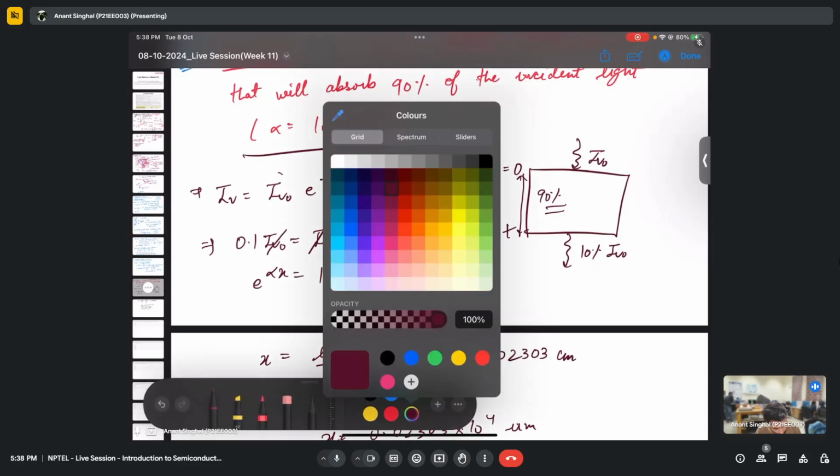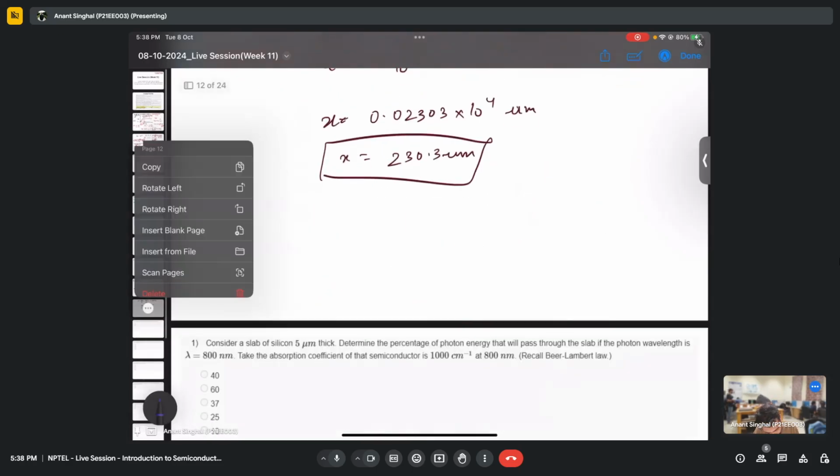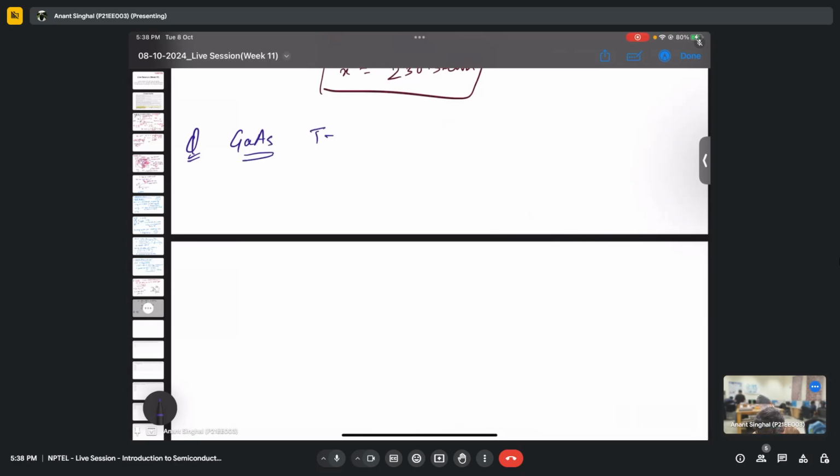So maybe again we can try a very quick question. This was an easy one. Again, let's say we have a gallium arsenide semiconductor. Temperature is 300 Kelvin. Assume that the photon intensity, that is I_ν, at a point x is 0.05 watt per centimeter square.